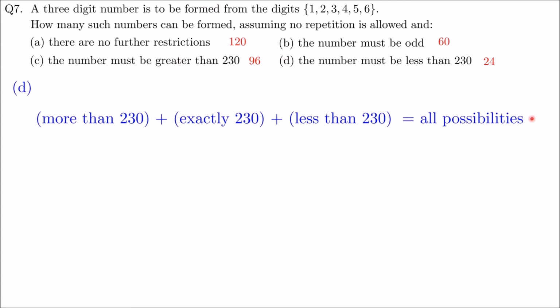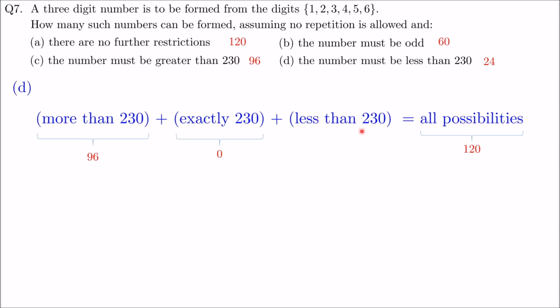You can think of this as one big equation. First of all, possibilities: 120, that's just from answering A. You can see from this experiment that the digit 0 is not even available, so you cannot construct 230. There's zero amount of 230s. But more than 230, we did this question, it was part C, and there are 96 numbers that are greater than 230.